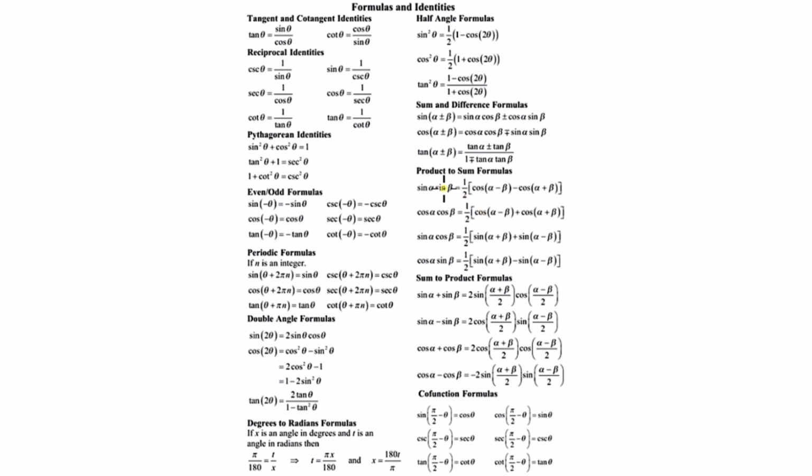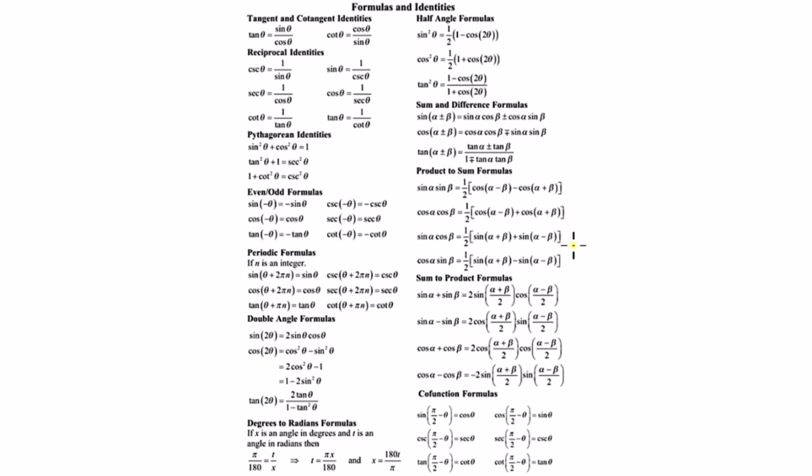On the right side of each of these, there's no trig function being multiplied by another trig function at all. And with the sum to product, you start with a pure sum or subtraction of certain trig functions, and you convert it to where there's no trig functions being summed or subtracted, only multiplied. So we're going to start with the product to sum.